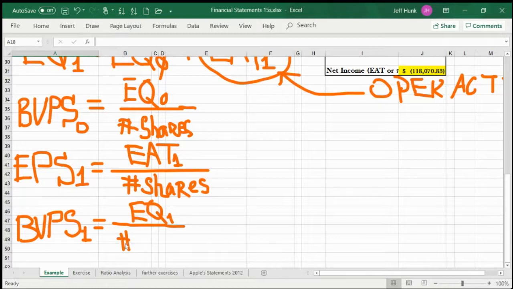Yes, that's true. But also, we can rewrite it as book value per share.